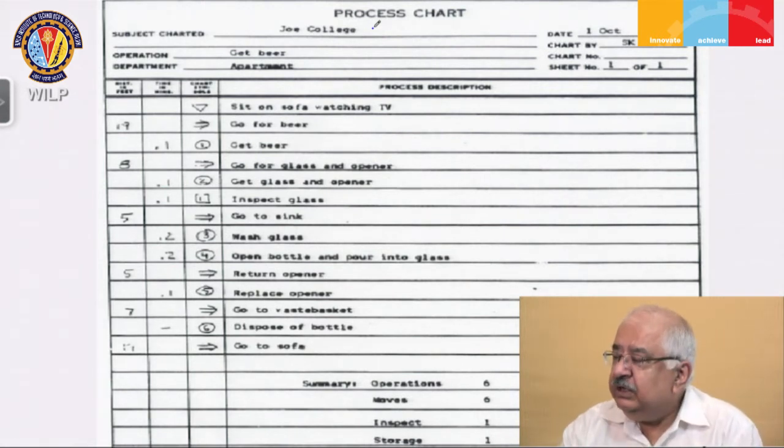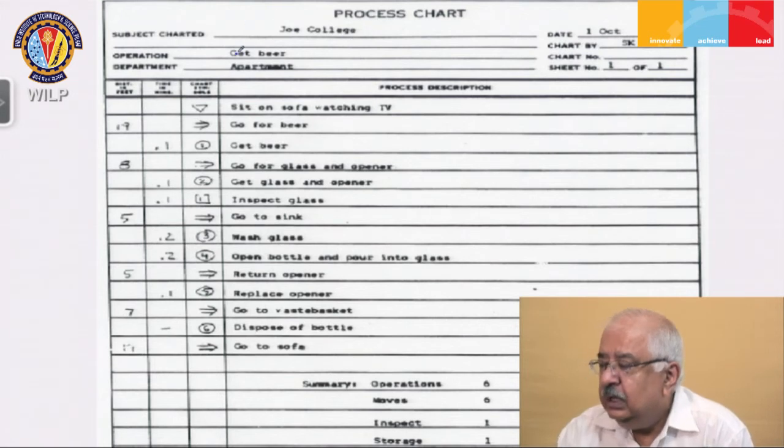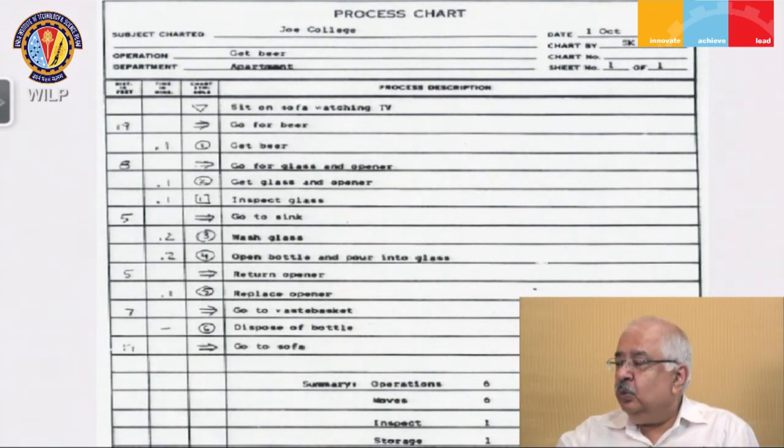Generally in the process chart what you will define is, number one, who is the person who is being studied, what is the operation itself, and what is the department in which that particular operation is being performed. The date, who the person is who charts it, and so on will also be listed.